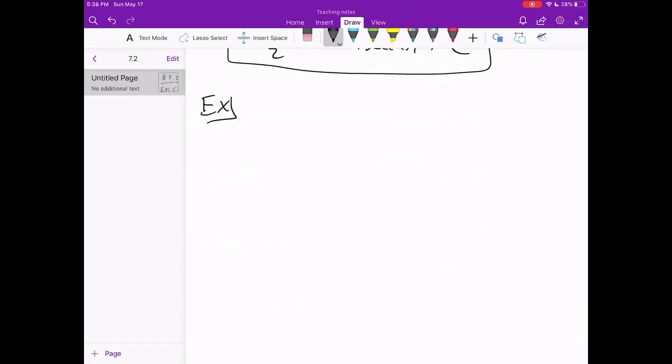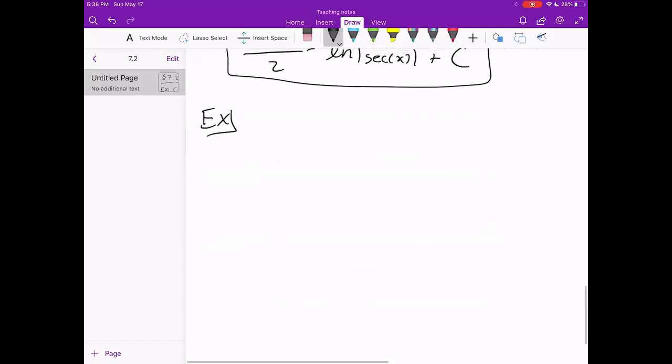This one is the integral of secant cubed x dx. This one is going to be a little different, and we're going to have to use integration by parts here.